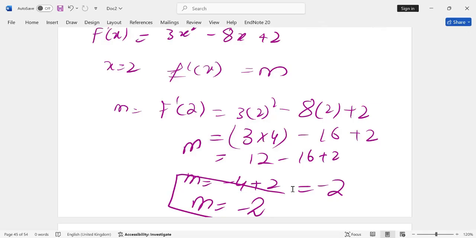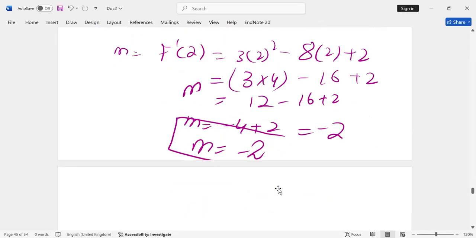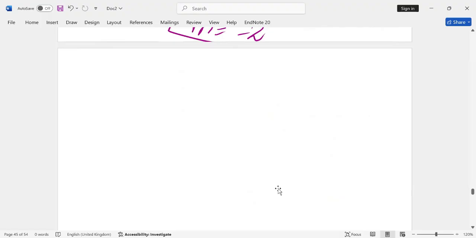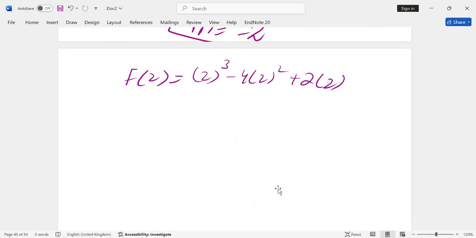Now we find the point of tangency by calculating f of 2. This gives us the y coordinate. So f of 2 equals 2 cubed minus 4 times 2 squared plus 2 into 2 plus 3. This is 8 minus 16 plus 4 plus 3.